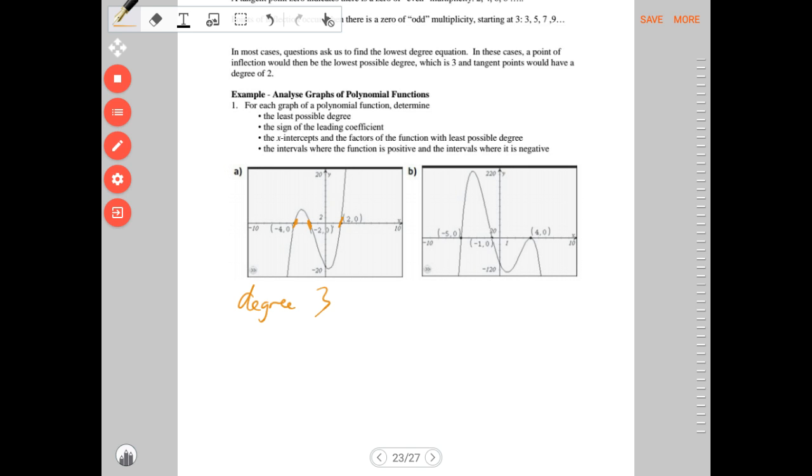Easy enough. The sign of the leading coefficient. You'll remember that, oh look, this is up in quadrant 1. Up in quadrant 1 means it's a positive, and that works for odd and even degrees. So this has a positive leading coefficient.